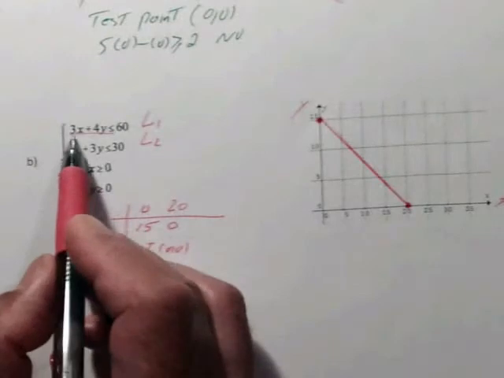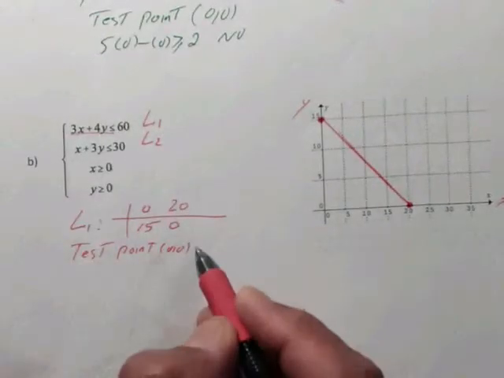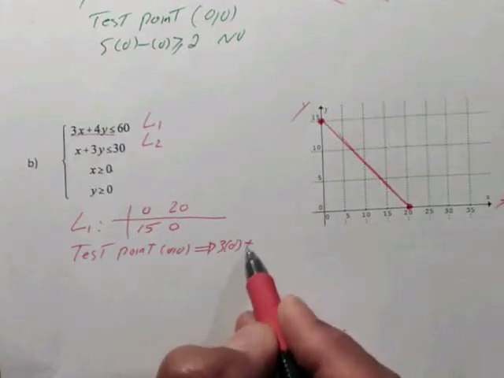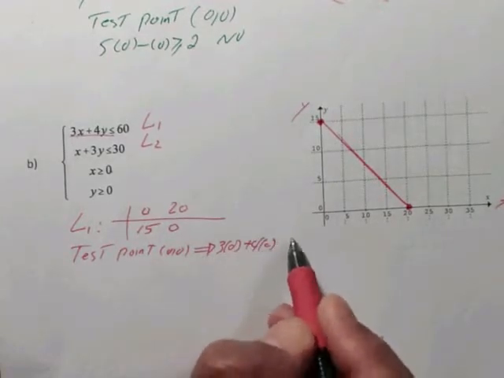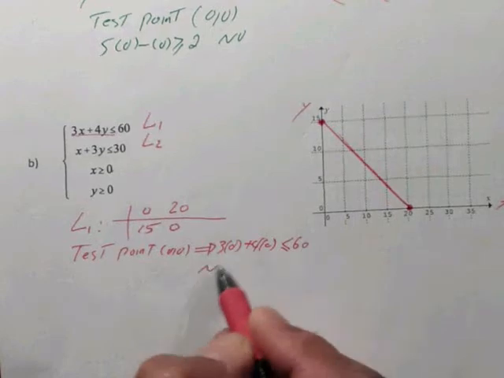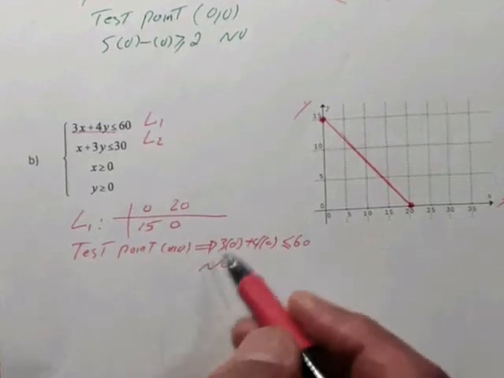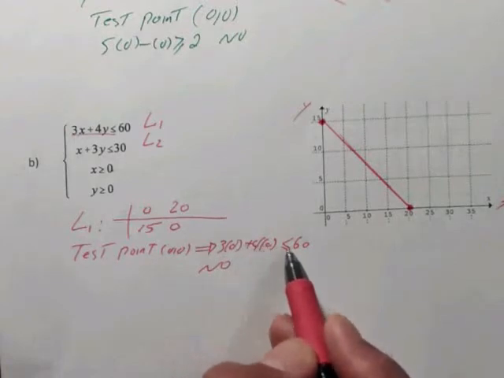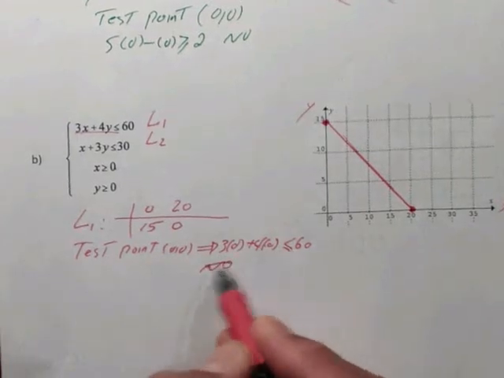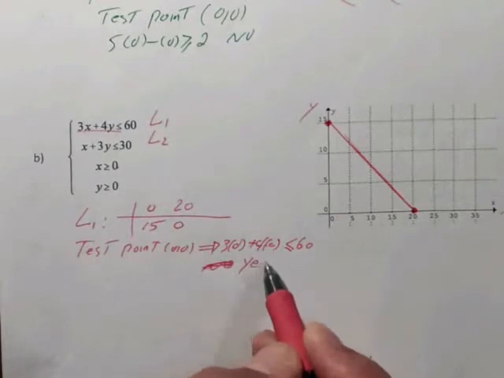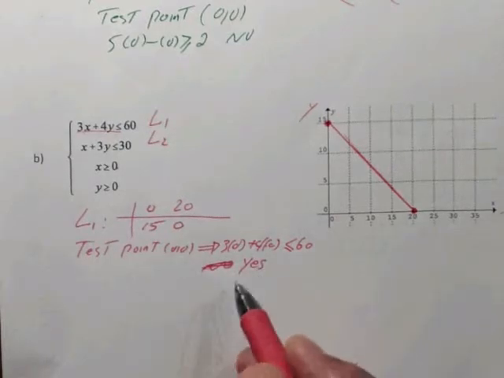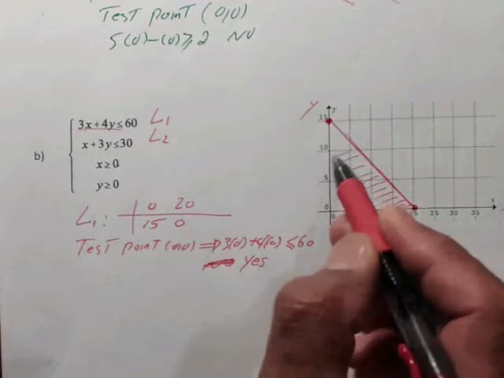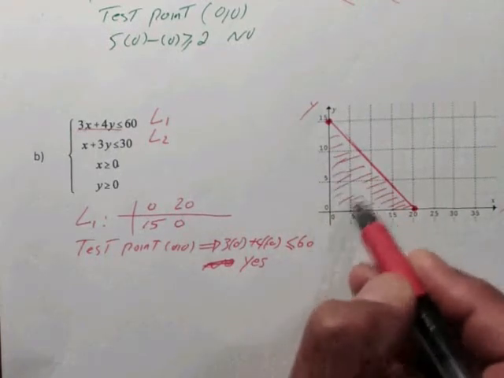If you put x and y equal to 0, you get 3 times 0 plus 4 times 0 less than 60. The 3 times 0 is 0, 4 times 0 is 0, 0 less than 60. Yes, it's less than 60. Okay, so that means this side of the line is the solution.